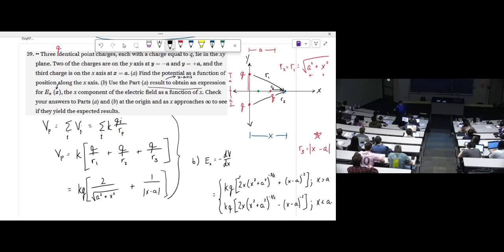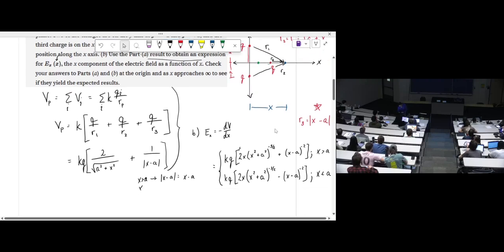So what you could do is consider that for x greater than a, the absolute value of x minus a is equal to x minus a. And for x less than a, the absolute value of x minus a is equal to a minus x, which is where that negative sign comes in on a result for the electric field. Yes, Kishan?